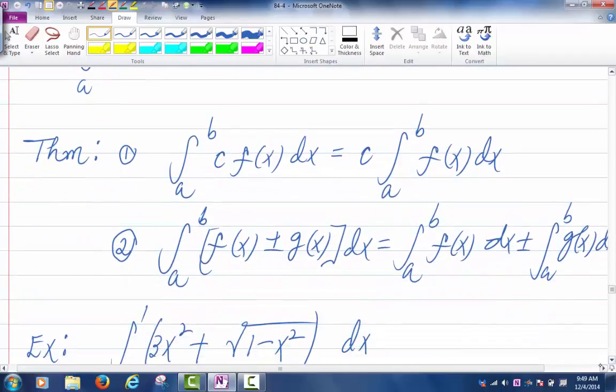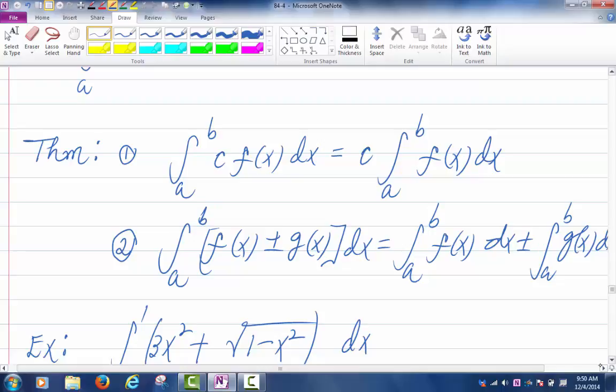There are some algebraic rules for definite integrals which are pretty much the same as the ones that we've seen for indefinite integrals. If I am integrating from A to B the function c times f of x, where c is a constant factor, then the constant factor can be taken outside of the integral.